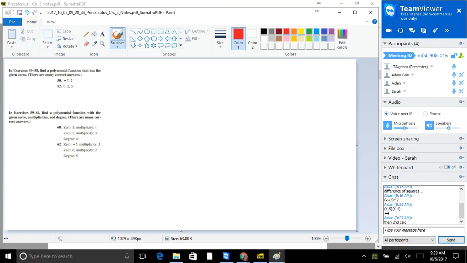So what they are telling you is that, like in number 50, if I can get my pen to work, we have a 0 at -7 and a 0 at 2. At a minimum, my polynomial function will at least have to be a quadratic. It'll at least have to be to the second power, right? Because we have 2 zeros. I try to make this as simple as possible.